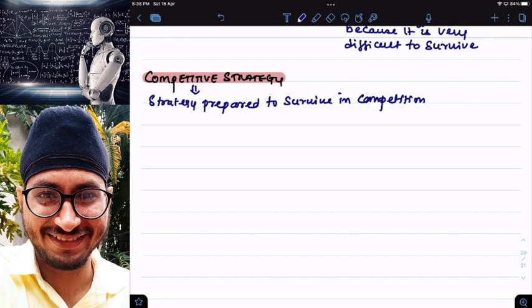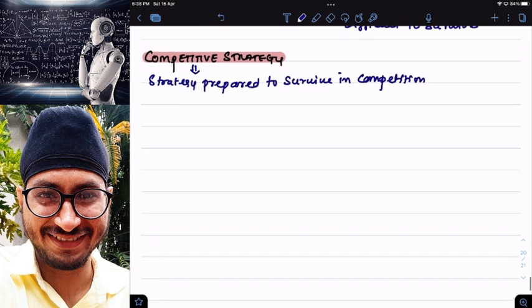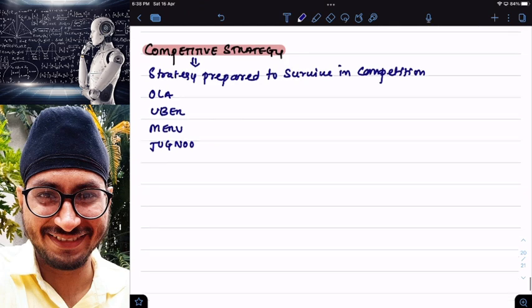Competitive strategy. Like let us say for example, we have Ola, Uber, Meru Cabs, Jugnu Cabs, MakeMyTrip Cabs, Ixigo Cabs.